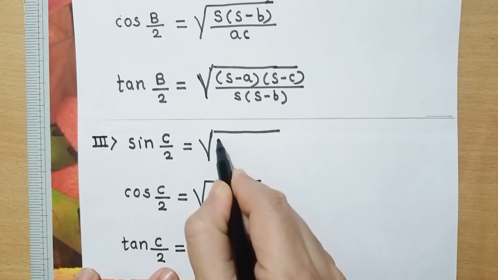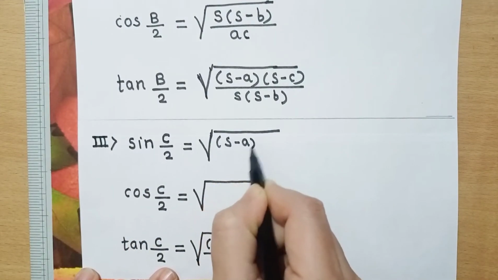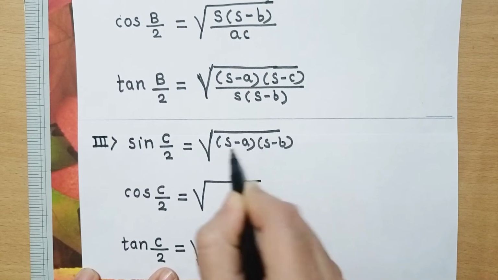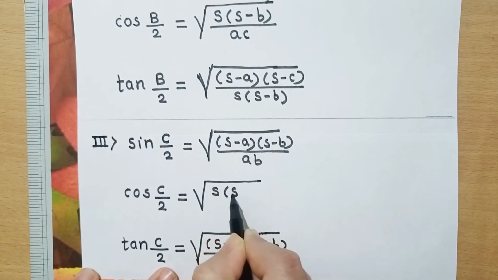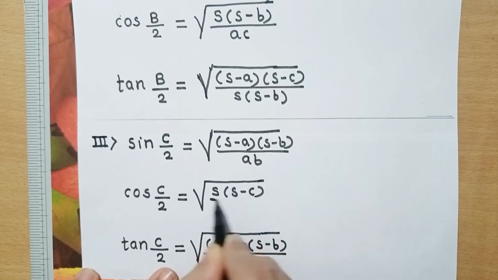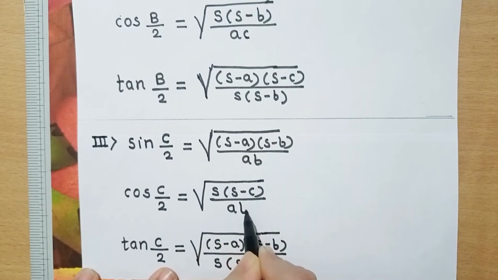For sin C by 2, here s minus a, s minus b upon ab, for cos C by 2, s into s minus c upon the same denominator ab, and tan C by 2 is this.